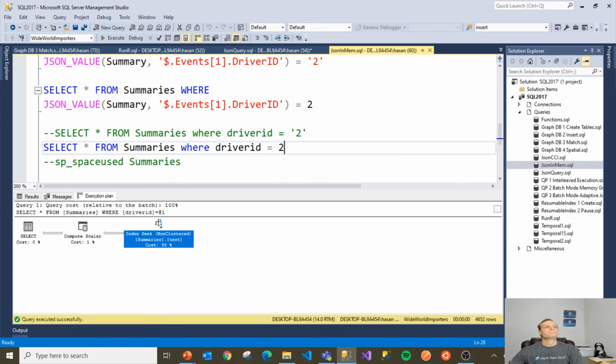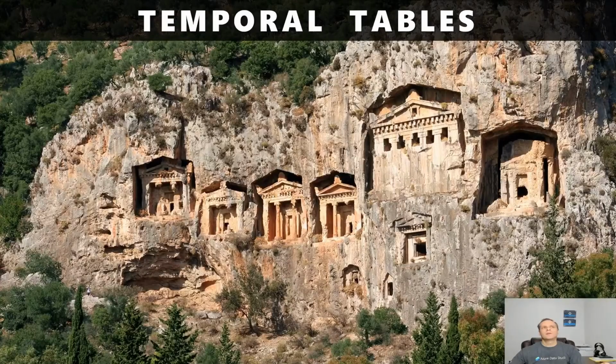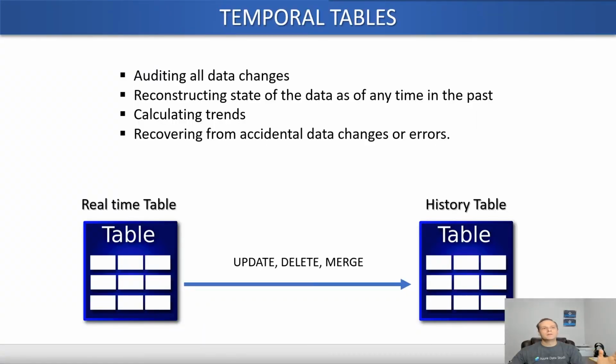So I like it. The next one I'm going to cover is temporal tables. I use them a lot in my job, and they make my life very easy when I need to audit my data, when I need to do trending, or if I truncate my data, hopefully not, I can recover my data very easily.